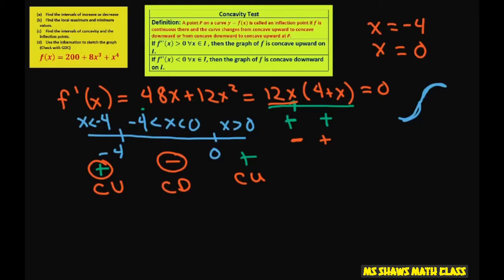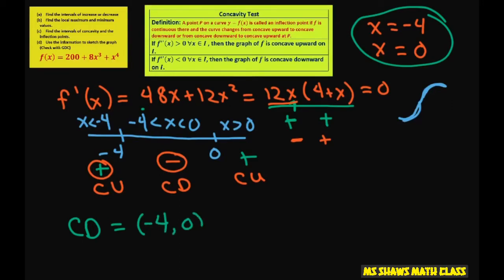Now, that's all you need to know on that. So our 2 points are here, because we're going to use that for graphing. So at negative 4, we have concave down on negative 4, comma 0 here, and concave up on negative infinity to negative 4, and 0 to infinity.